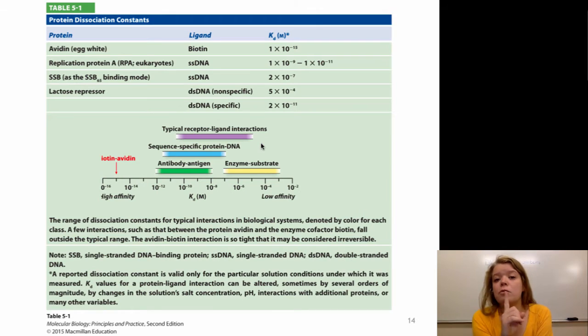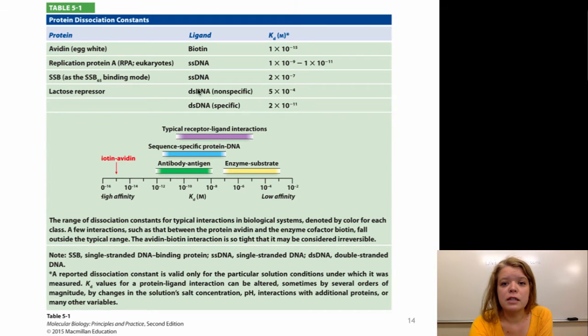One important thing that I would like you guys to take away from it is that you can have specific and non-specific interaction between proteins and ligands, as shown here. Lactose repressor is a protein that binds DNA. It binds a particular sequence of DNA, but it can also interact with DNA non-specifically.